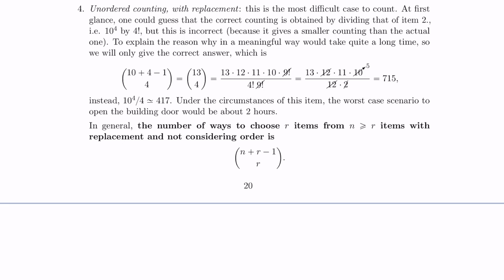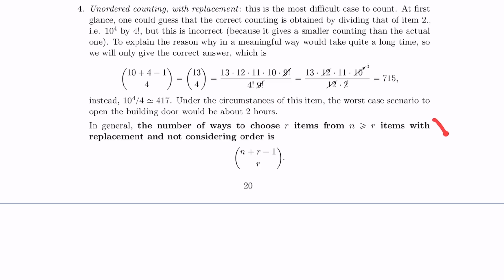A 4-digit code to be selected from 10 numbers without ordering but considering replacement can be chosen in a number of ways given by this binomial coefficient. As an exercise, you can perform the computation, which gives 715, which in the worst case scenario corresponds to a waiting time of 2 hours.